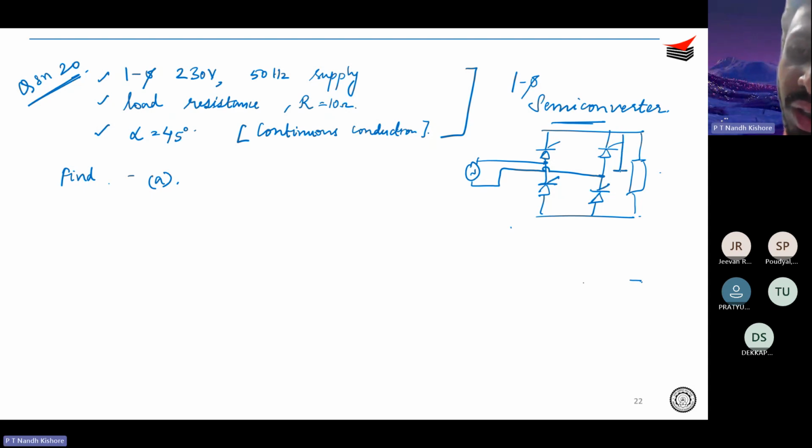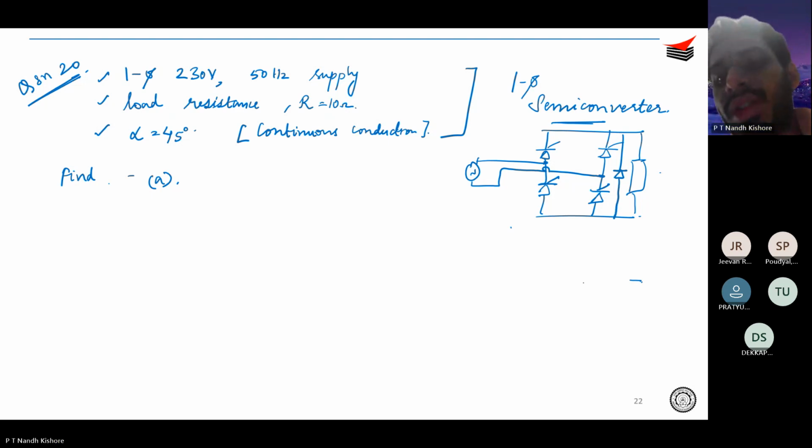In a semi-converter, you have this freewheeling diode. Sorry for the mistake. So you have a full bridge and then you just have the freewheeling diode.